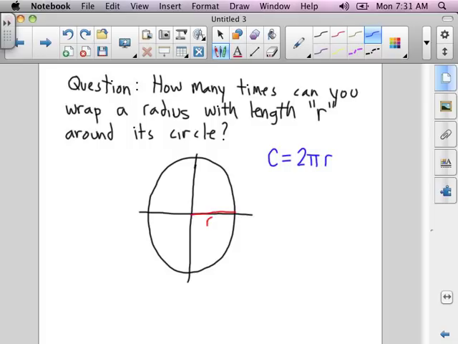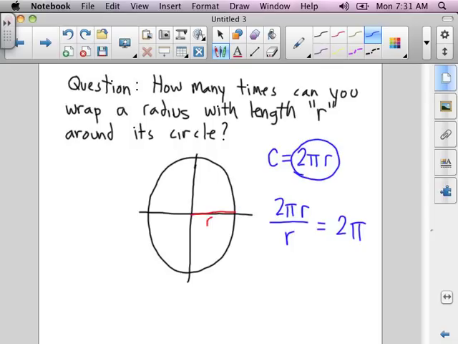Well, if my radius is r, I want to know how many times I can fit the radius around this, because that's our entire length all the way around. Well, 2 pi r divided by r is going to be 2 pi. So you can fit that radius 2 pi times around the circle. That's like 6 point something. So a little over 6 times that you can fit it around the circle.